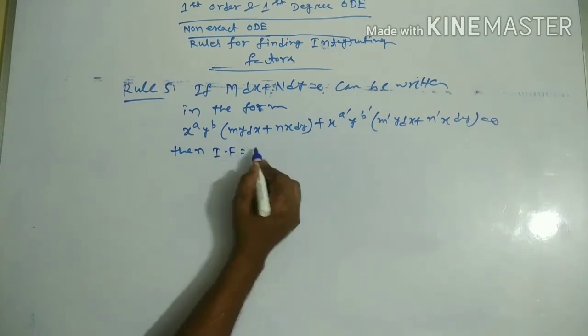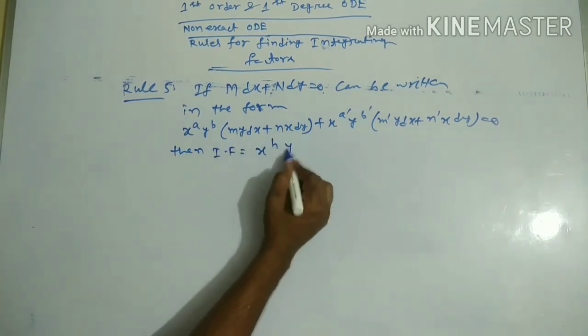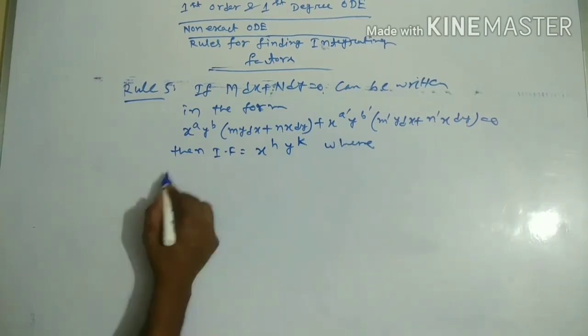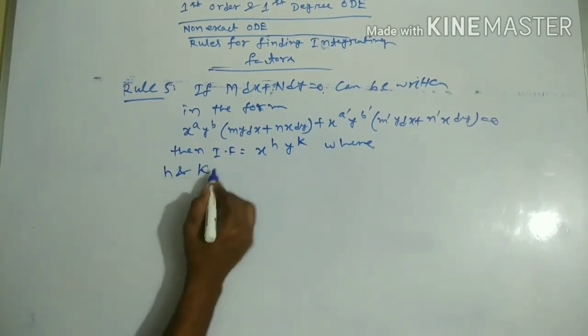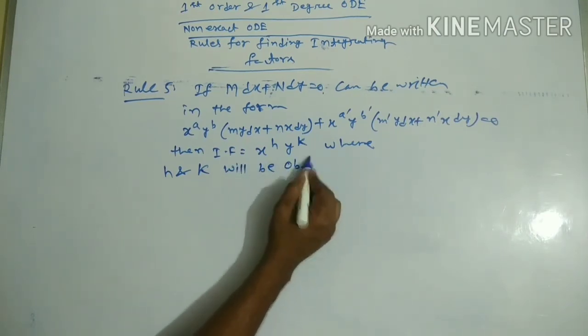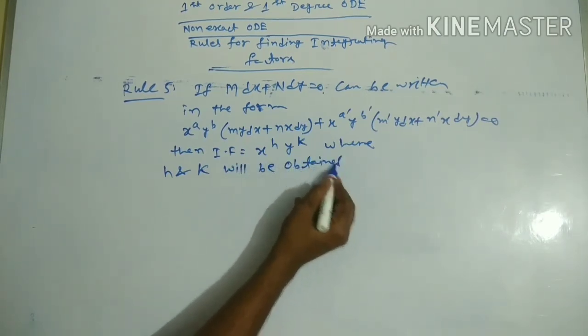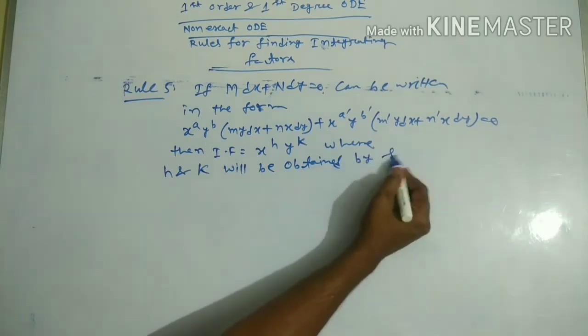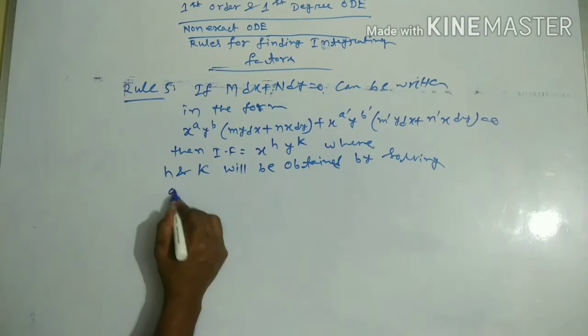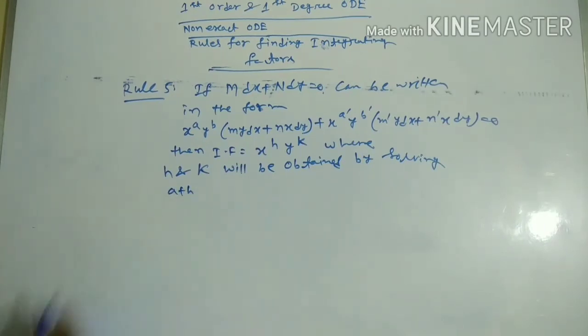the integrating factor will be x^h y^k, where h and k will be obtained by solving the following equations.